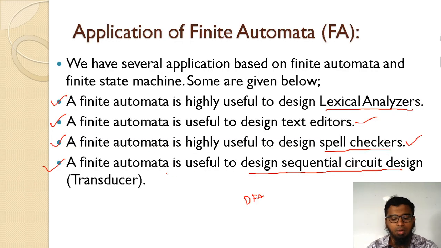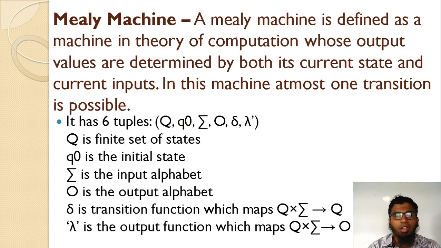Next, the Mealy machine is defined as a machine in theory of computation whose output values are determined by both its current state and current input. In this machine, at most one transition is possible. What does it mean?